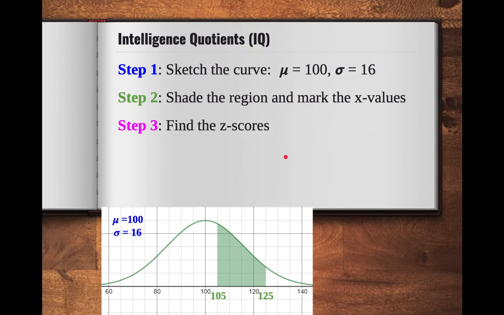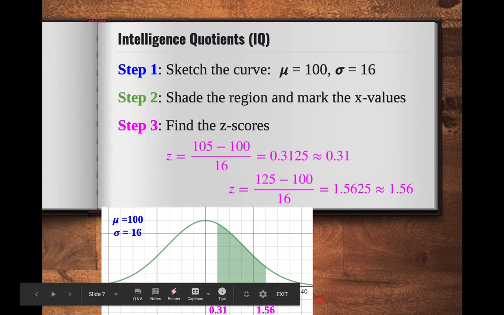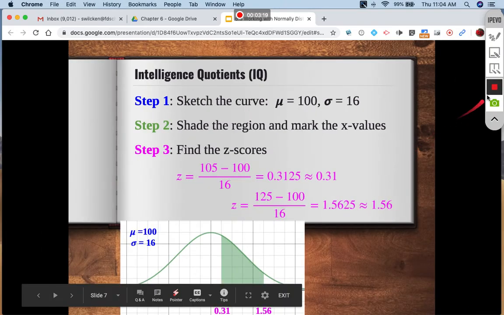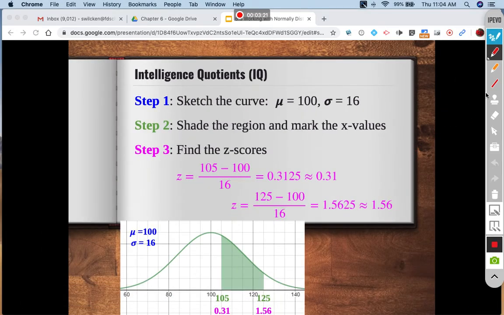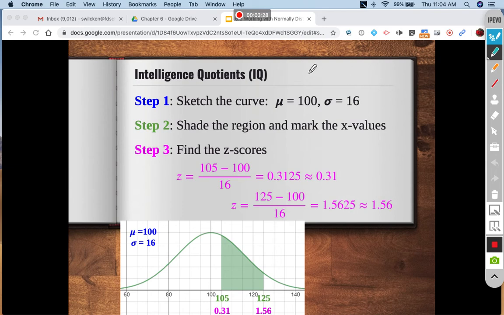Okay, so now we need to find the z-scores. So again, if you remember your formula for the z-score, let's put that up here quick. Your z is going to be x minus mu over sigma.